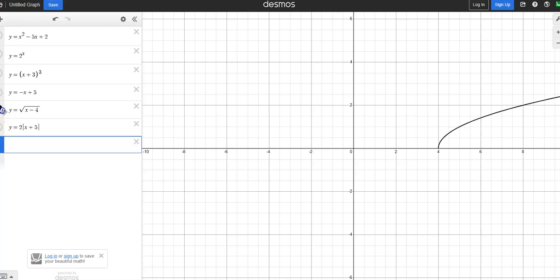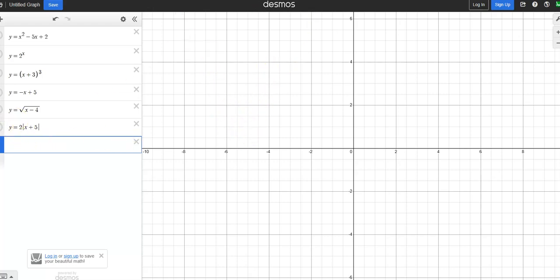This fifth one is this square root feature. Whenever we have the square root feature, it always comes at one point, and then it just keeps on going from there on one side. So notice how it doesn't keep going here. It keeps going the other way. And then this last one, it's all about those absolute value lines. So we're going to get this V shape from that.